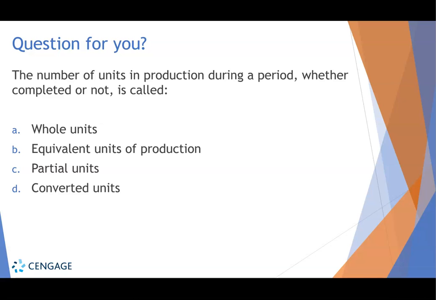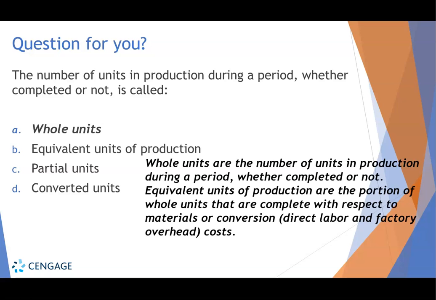So let's look at this question. Here, the number of units in production during a period, whether completed or not, is called... I'll give you a minute to look at that. Whole units.